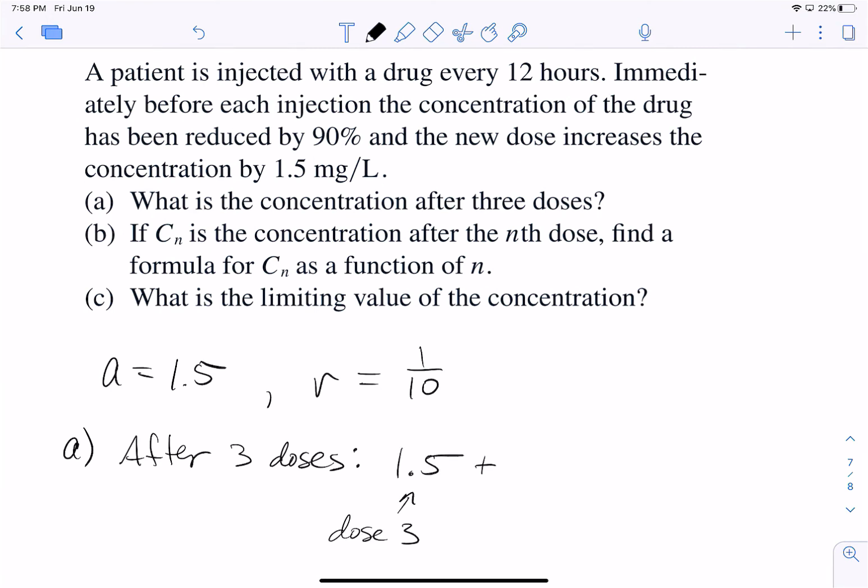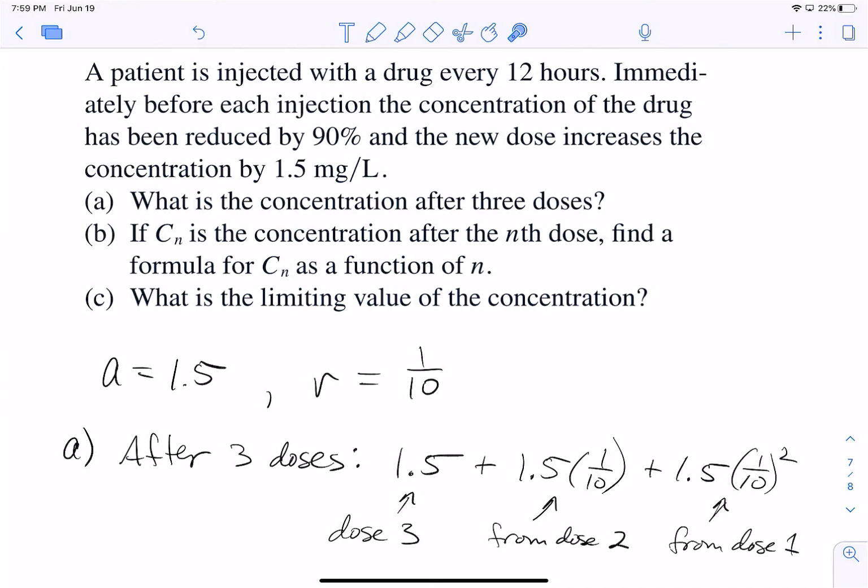But there's still some of the drug in the bloodstream from the second dose. Now remember, after 12 hours, the concentration has been reduced by 90%, and so there's 1.5 times 1/10, the 10% remaining from dose 2. But there would still be a little bit remaining from dose 1, which would have been reduced by 90% twice. Therefore, from dose 1, we have 1.5 milligrams per liter times 1/10 times 1/10.